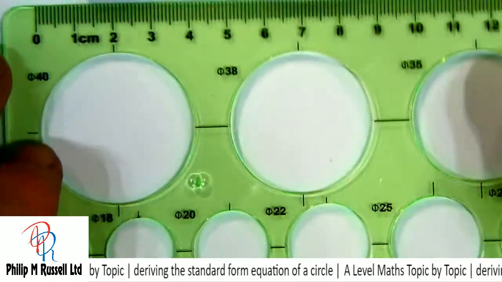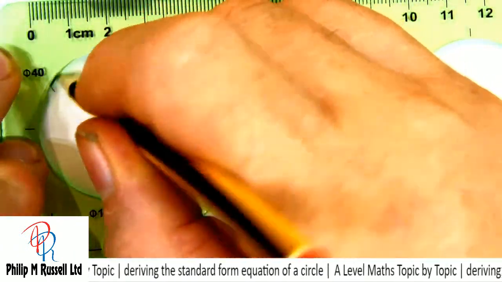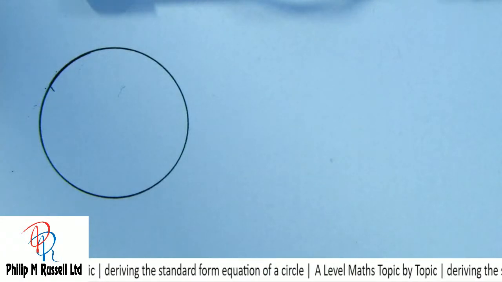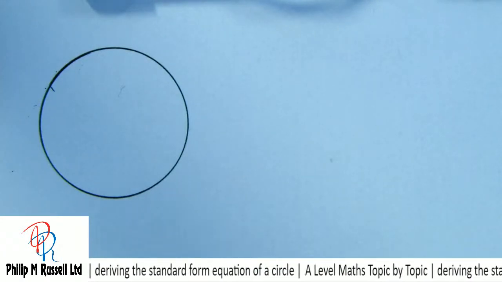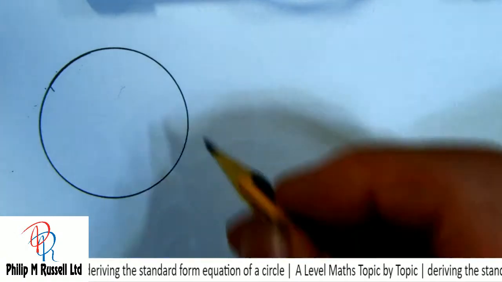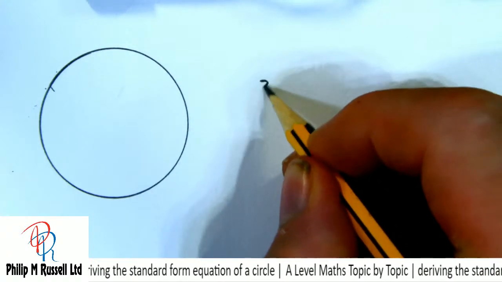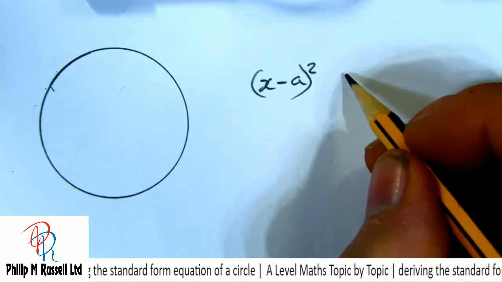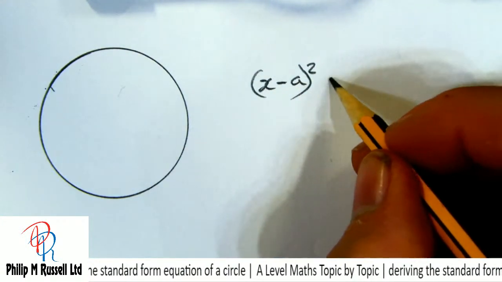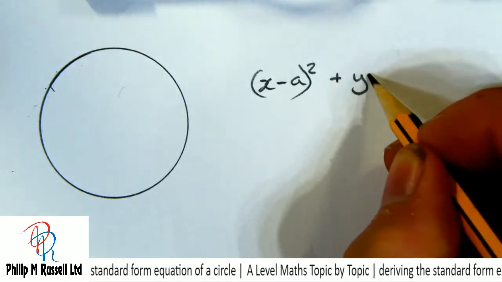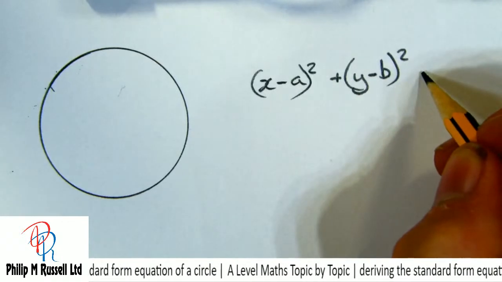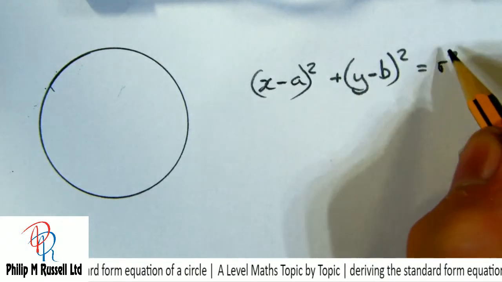Let's take a circle. The equation of the circle can be written in another way. We've got something like this: x minus a all squared, plus y minus b all squared, equals r squared.